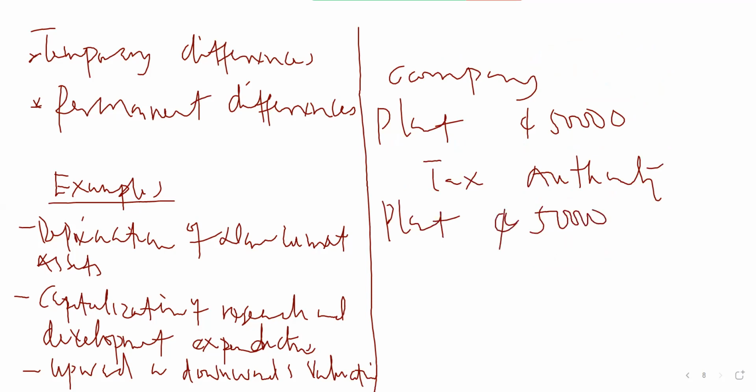But the company is using the revaluation model for its property, plant, and equipment. The tax authority is not a company. They don't revalue the assets. They just carry the asset at cost. So whenever the company revalues the assets, you see that automatically the revaluation surplus will be causing a change in the carrying value of the asset.